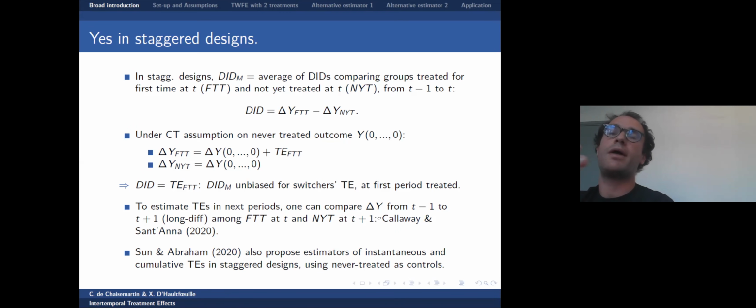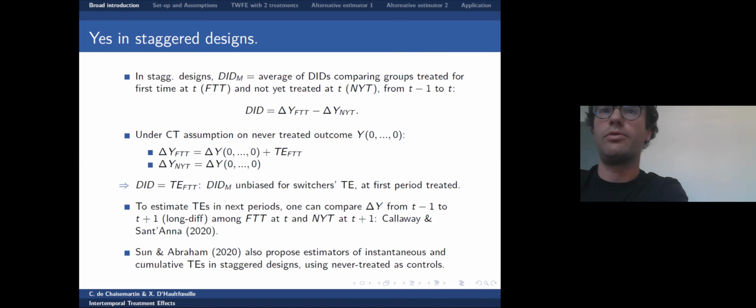And this strategy that I'm outlining now is one of the estimation strategies that's been proposed by Callaway and Sant'Anna. And Sun and Abraham also propose estimators of instantaneous and cumulative treatment effects in staggered designs using never treated as controls.